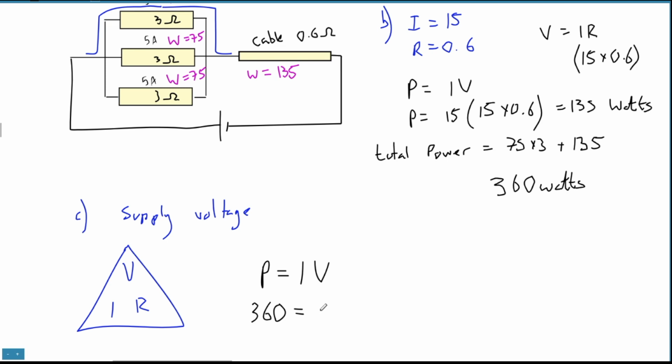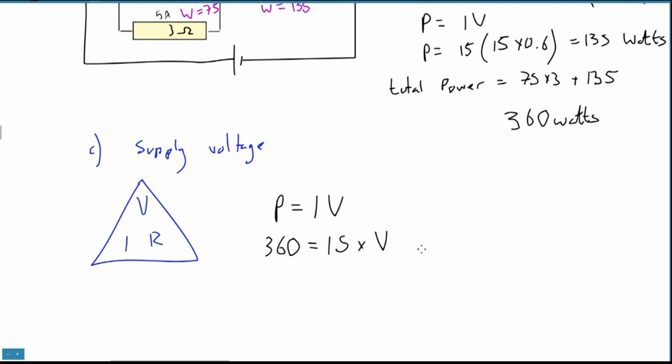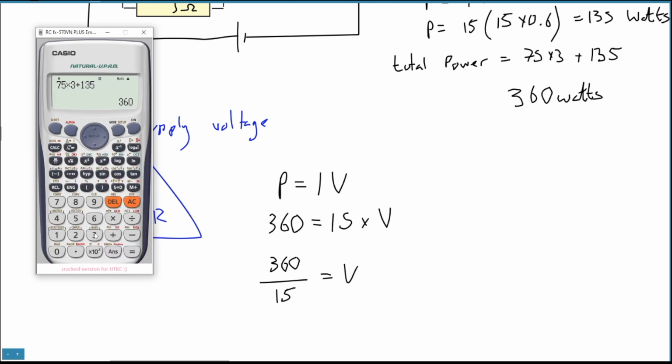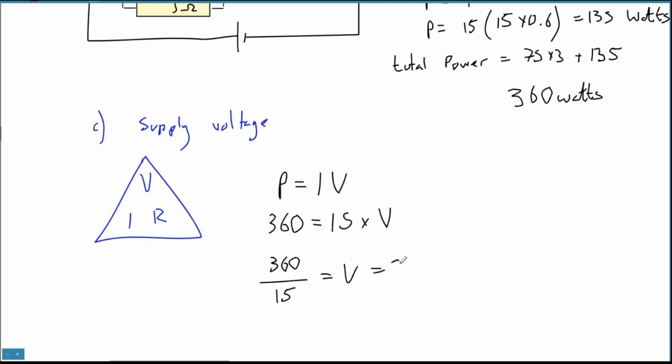The current through the whole circuit is 15. So I can work out my volts by transposing it. So let's try 360 divided by 15 is equal to V. Get my calculator. 360 divided by 15. 24 volts. Well, that sounds like a good number. Nothing too crazy. Sounds just right. Okay, on to the next question.